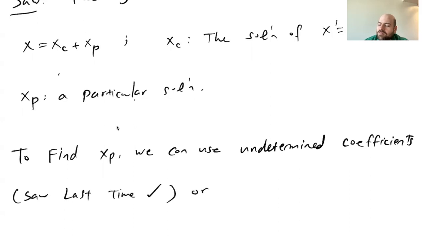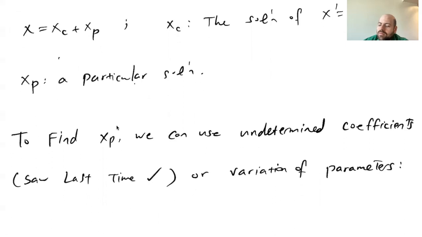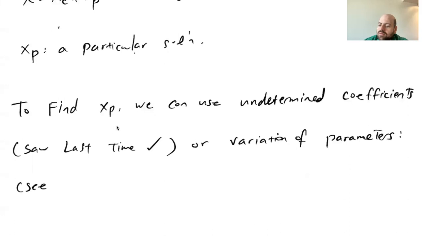Or we can use variation of parameters. See below. So how do we use variation of parameters to find a particular solution?